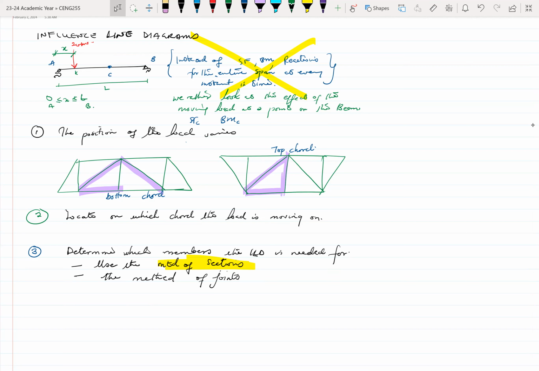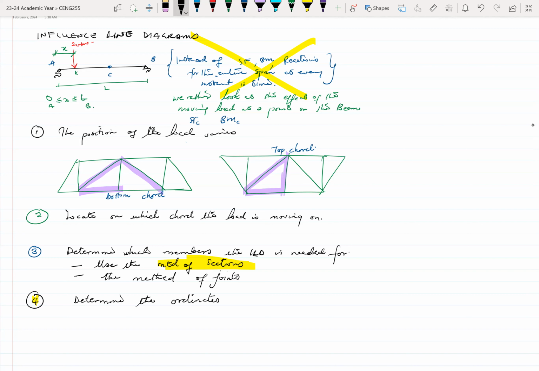So once we choose one of these methods, the next point would be that we try to determine the ordinates. That's the y-axis, I believe. Ordinates is y, abscissa is the x-axis.